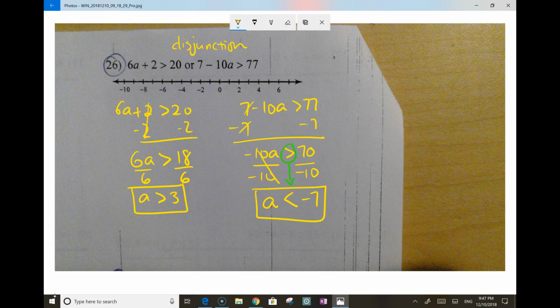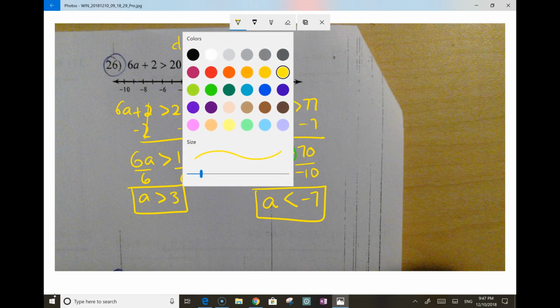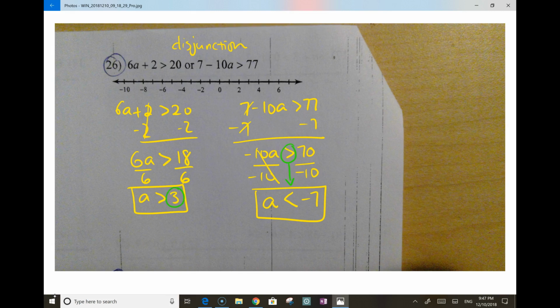So I need to graph both of these together on the same number line. And the way to do that is you go to these two focus numbers, which are 3 and negative 7. And that would be right here. So at 3, I have an open dot, and at negative 7, I have another open dot.